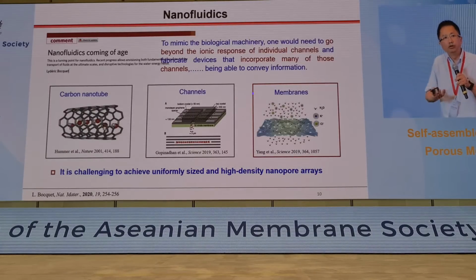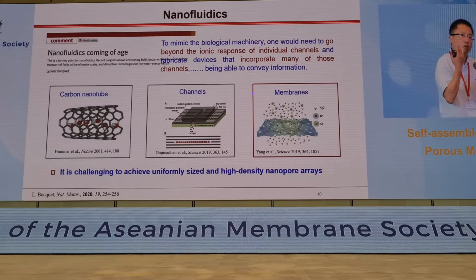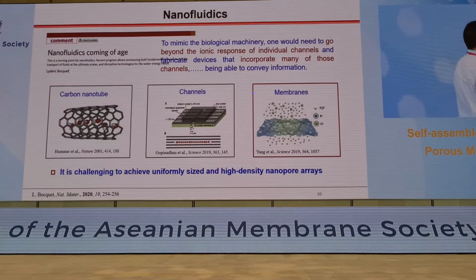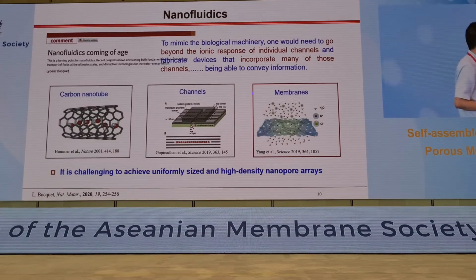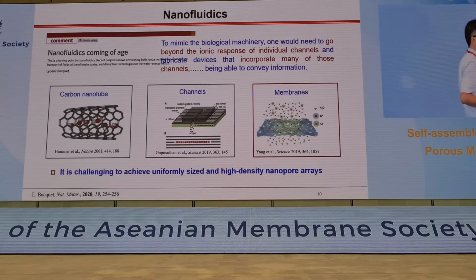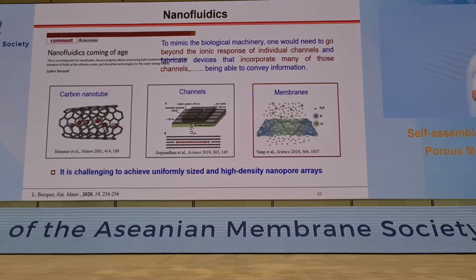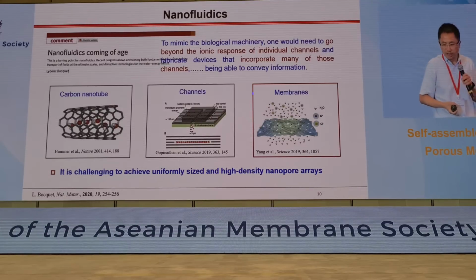Unfortunately, if you check the literature, you will find that most work has been done on individual or single channels. For instance, the pores in one-dimensional nanotubes or the two-dimensional graphene slits.